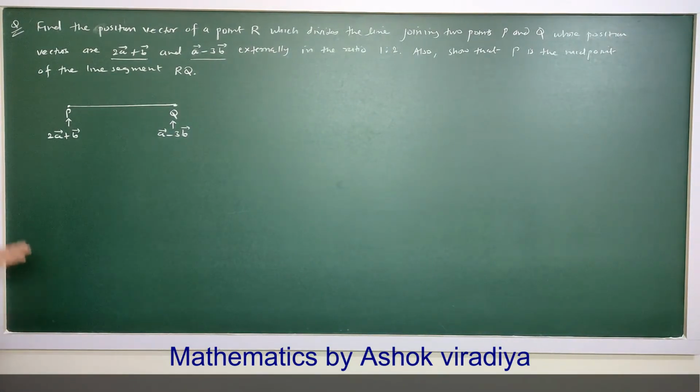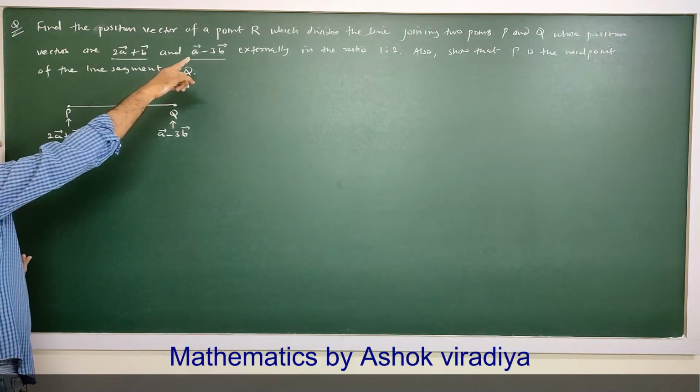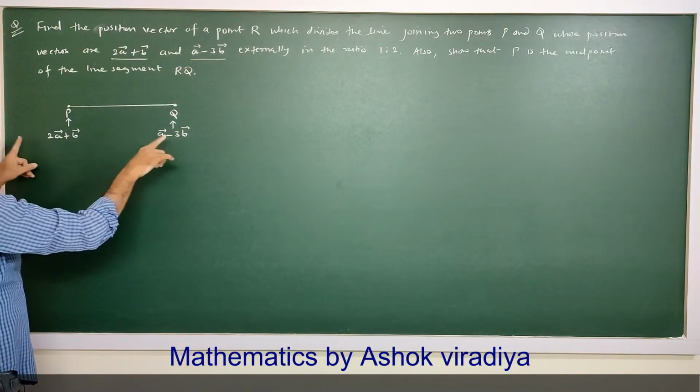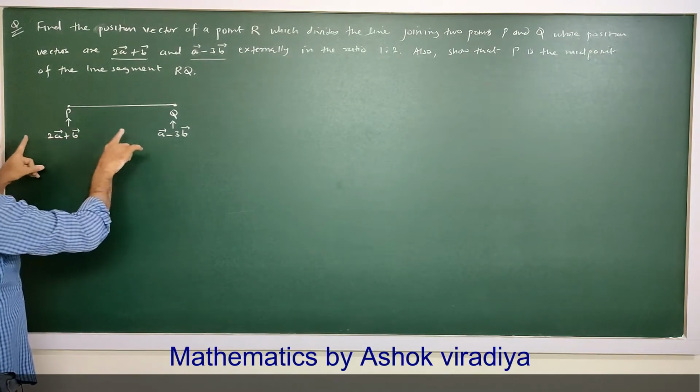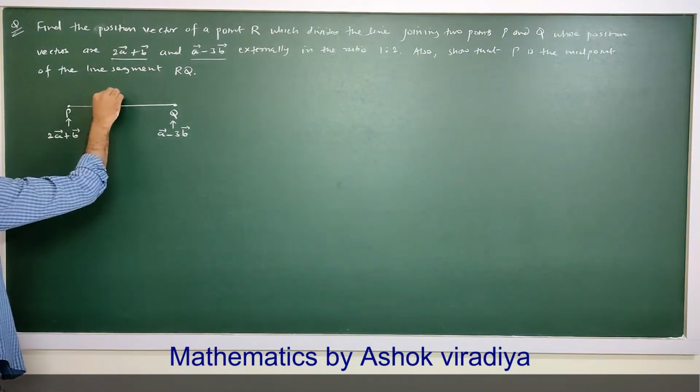Now we want R, the point R which divides this line segment in the ratio 1 is to 2 externally. So here the ratio is 1 is to 2.